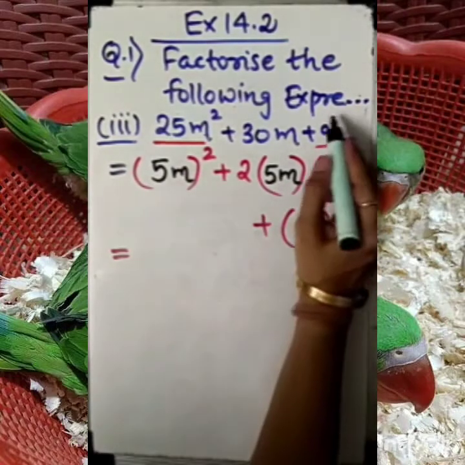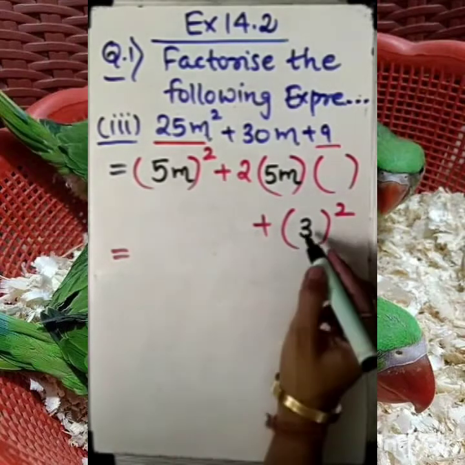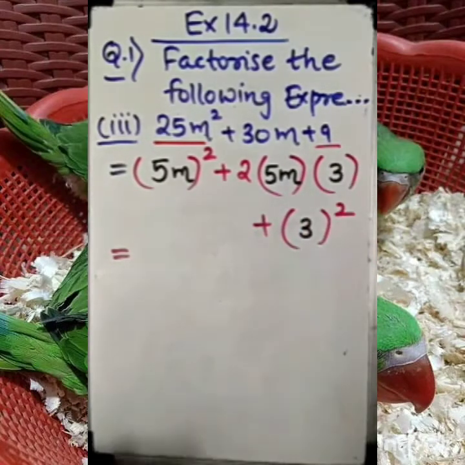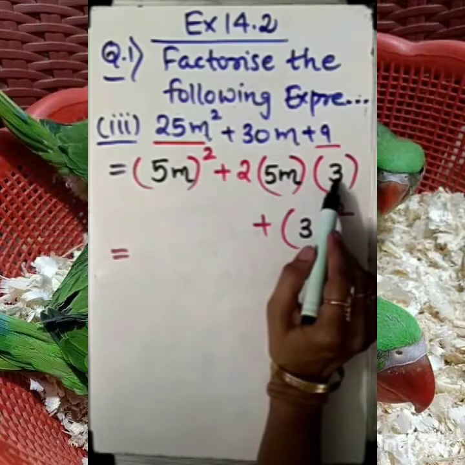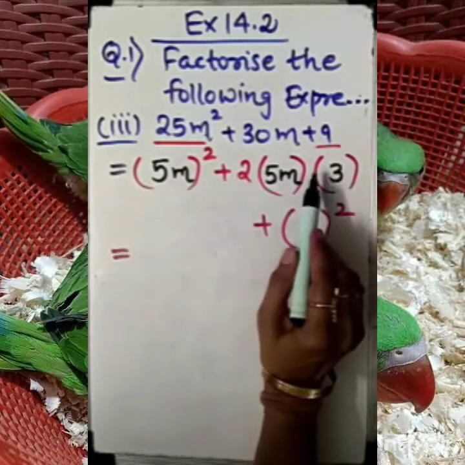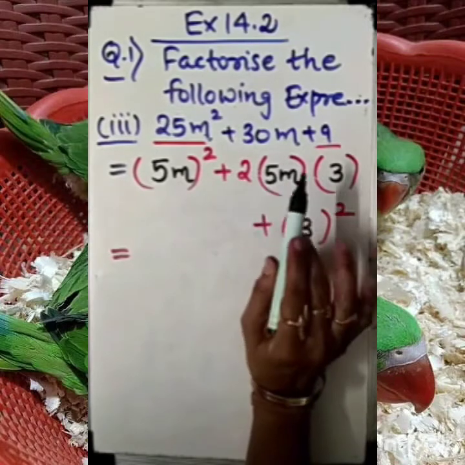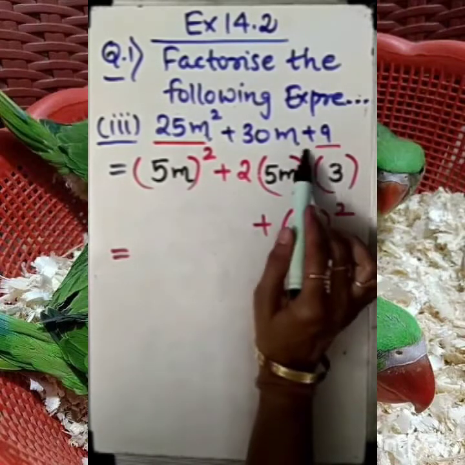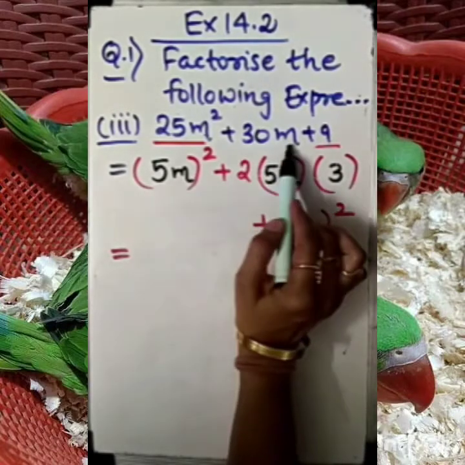What about 9? 9 is a perfect square of 3. So with the same number I need to mention here, it is 3. Now dear student, you can check 2 into 5m into 3, because between these terms there is a product sign. Okay, you can mention multiply also if you want. And if we multiply, 5 threes are 15, 2 times 15 is 30m. It is automatically coming 30m.